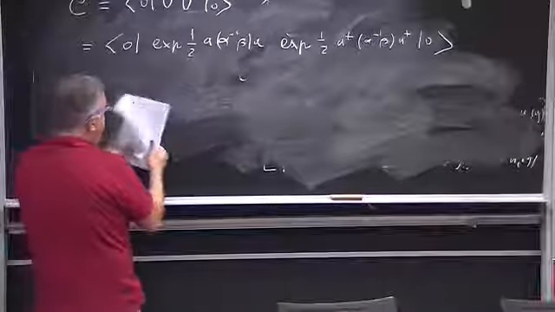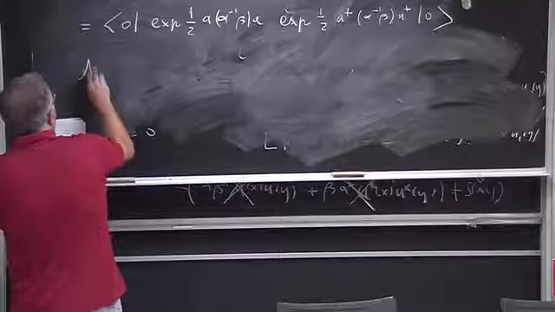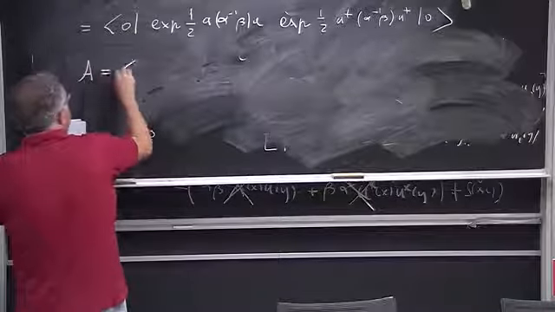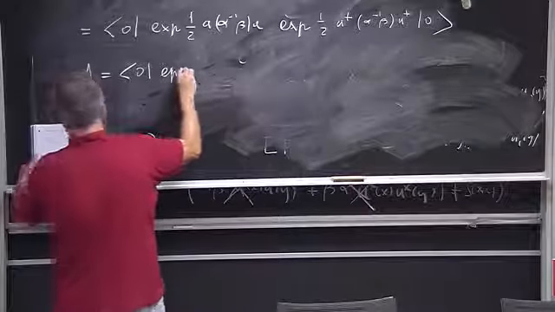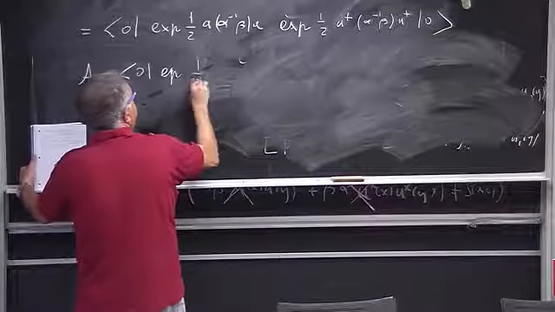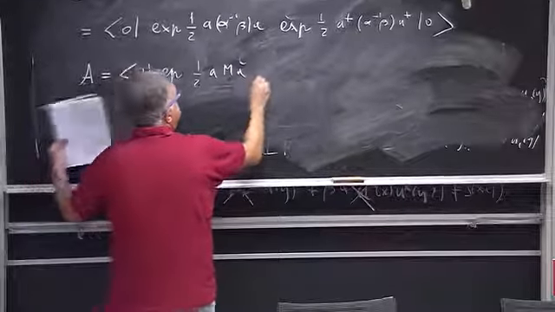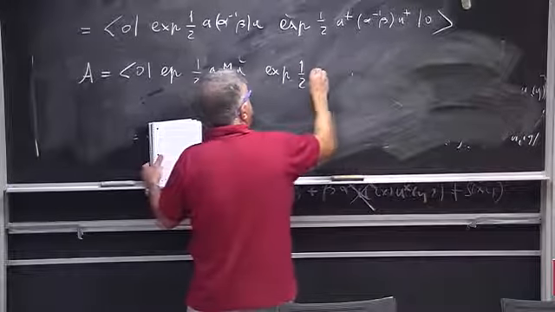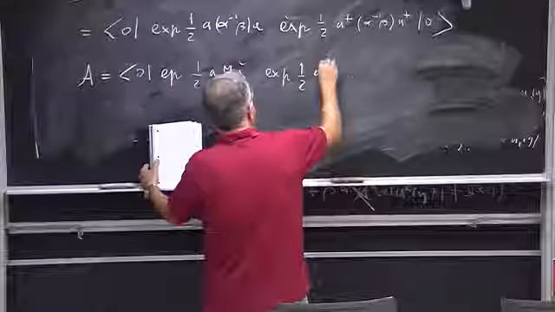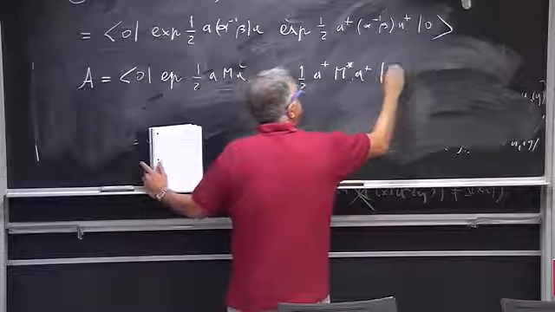More generally, you can show the following thing. You want to compute 0, exponential of 1/2 AMA, M is a symmetric matrix, exponential 1/2 A dagger M star A dagger, 0.